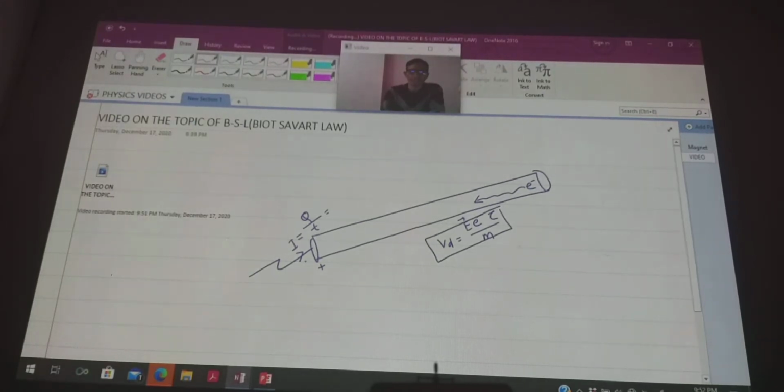When the charge is flowing through this conductor, there will be a huge order of acceleration or retardation.